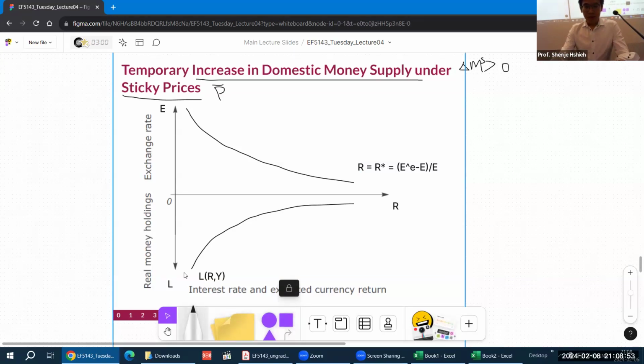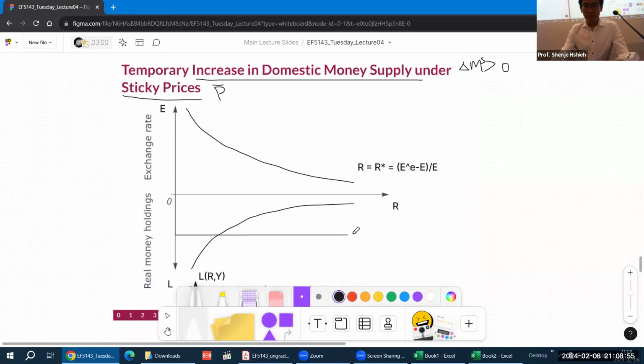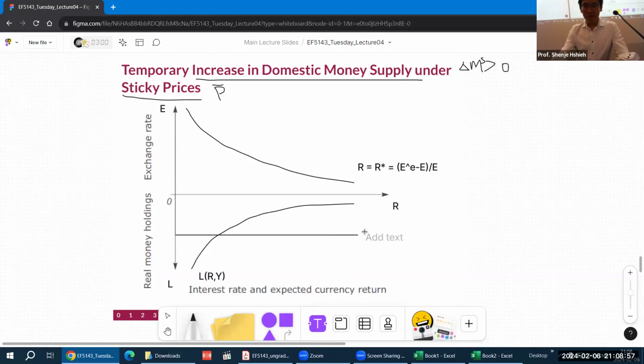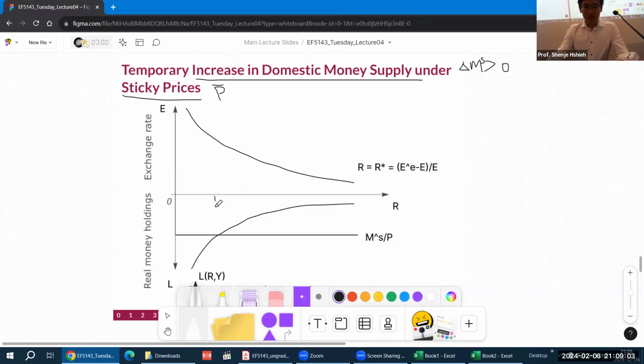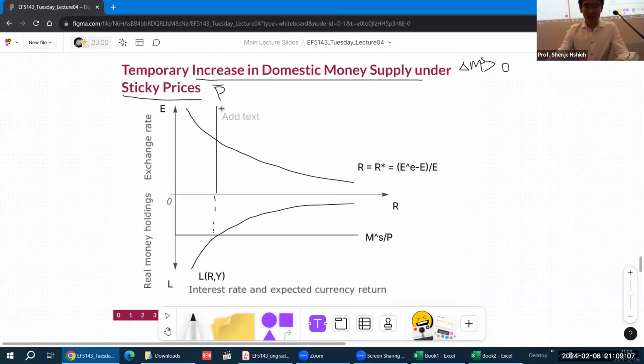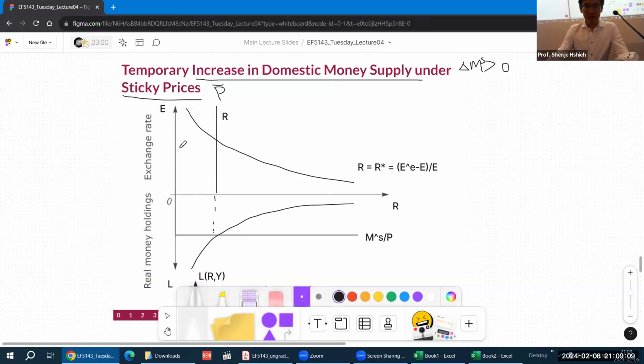Okay. We have money market equilibrium at the intersection here, in which money supply equals liquidity demand. And as a result, we have a market clearing interest rate which sets our equilibrium spot rate today.